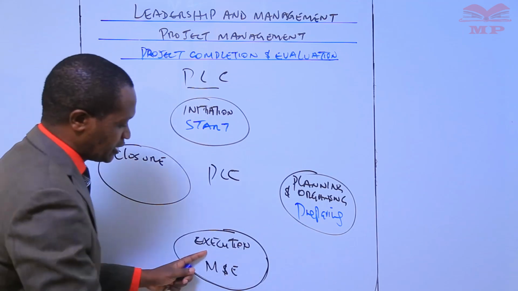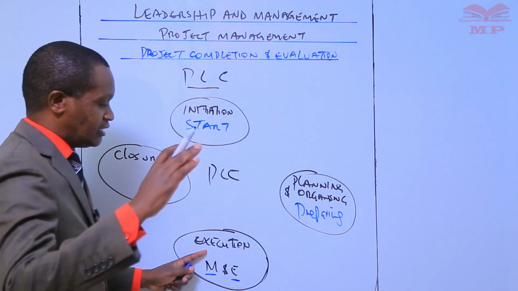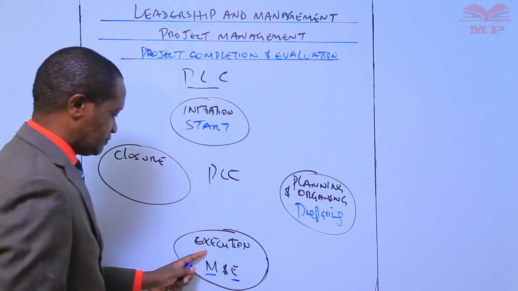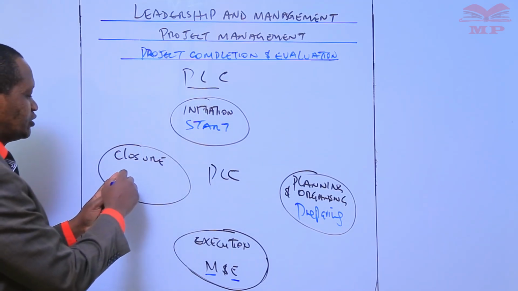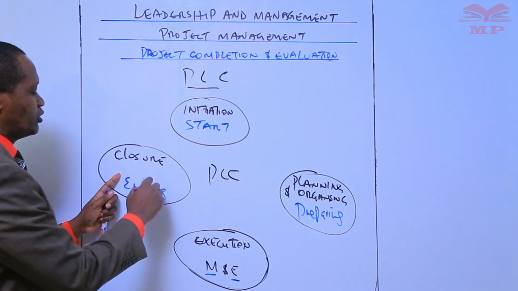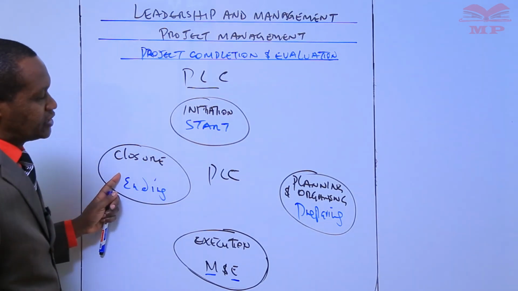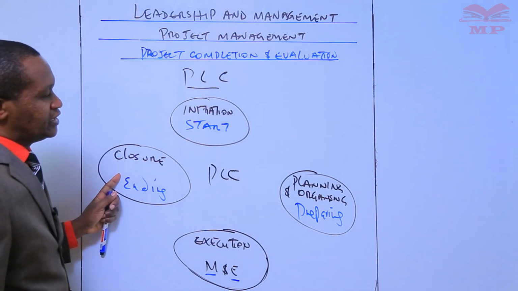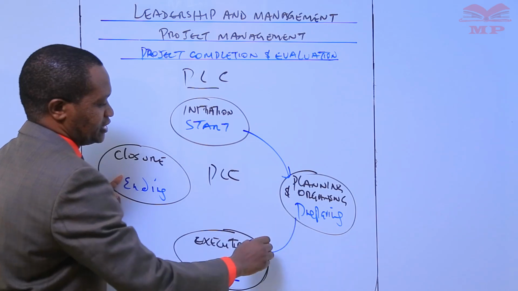And when executing the project, monitoring and evaluation is done simultaneously. Then there is a closure. This is the completion or ending of the project. The subtopics I mentioned when beginning this lesson, we've done all these areas, candidates. This is a cycle.